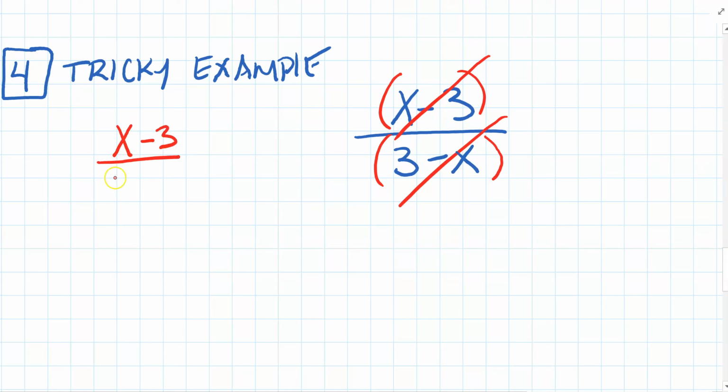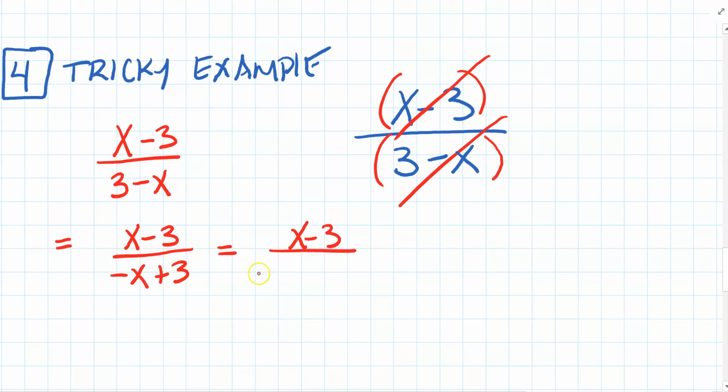If I have x minus 3 divided by 3 minus x, that's the same thing as saying x minus 3 over negative x plus 3. And that's the same thing as saying x minus 3 over negative 1 times an x minus 3. Because when I distribute this back in, notice I would get the exact equivalent statement as this denominator.